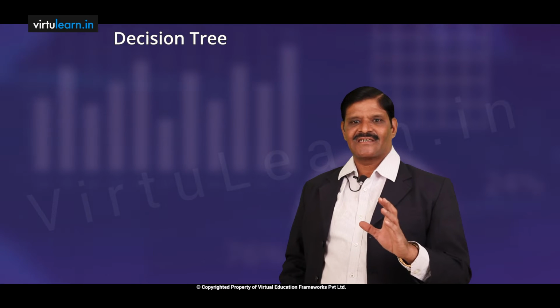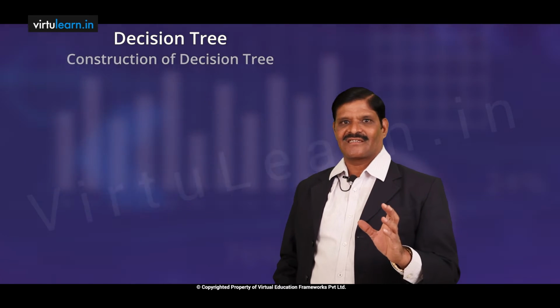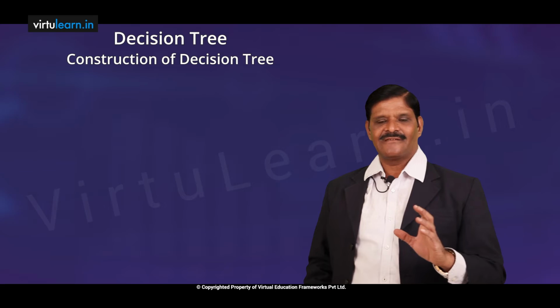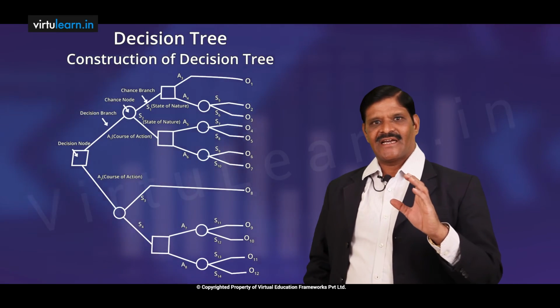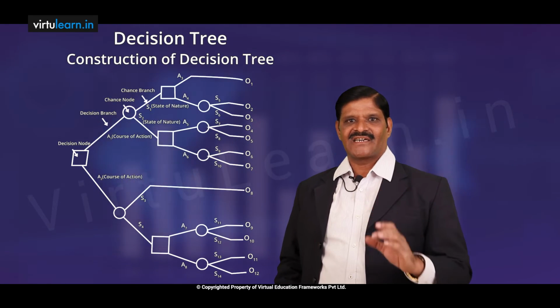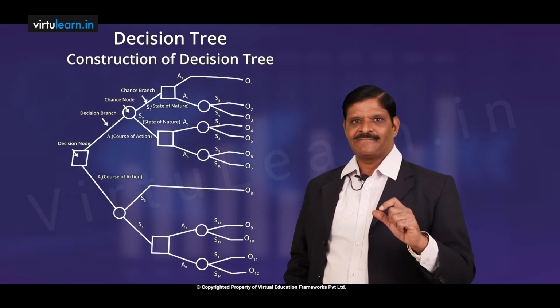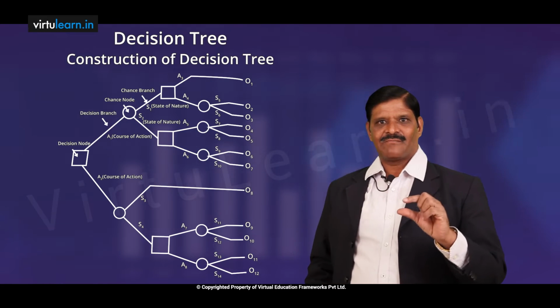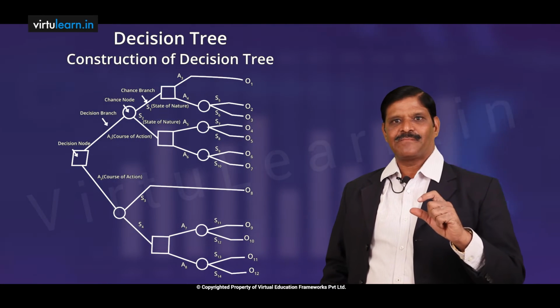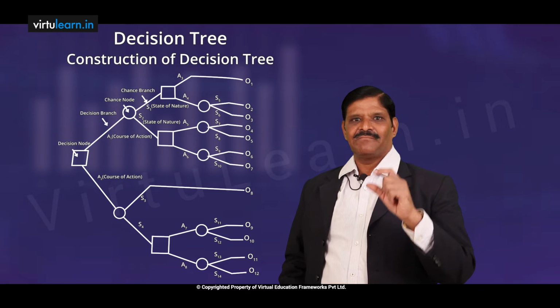For this decision tree, we have to construct it. The construction of a decision tree is like this. At any point where the decision maker makes a decision, it is represented by a square box. That means the square box represents a place where the decision is being made.